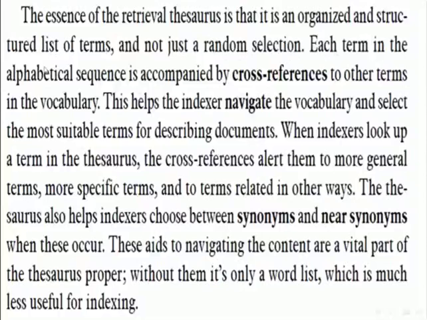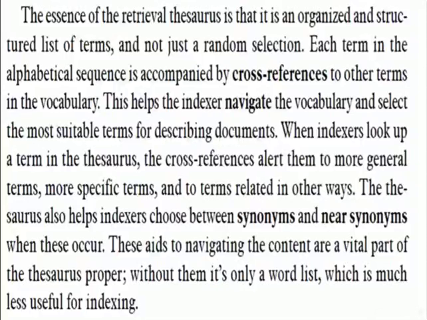Each term in the alphabetical sequence is accompanied by cross-references to other terms in the vocabulary. Why is this? This helps the indexer navigate the vocabulary and select the most suitable terms for describing documents.